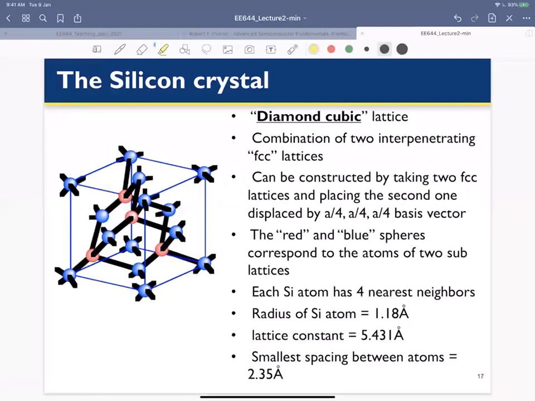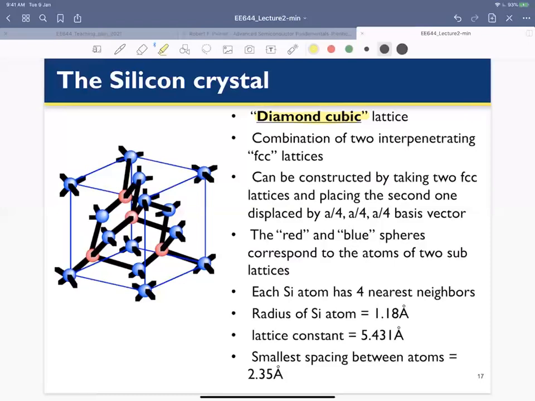Silicon is a cubic crystal, but it's called diamond cubic because diamond cubic is a little bit different from simple cubic, right? Why is it called diamond cubic? Because diamond has a similar structure to silicon. Diamond has a similar structure to germanium also, right? So this is called the diamond cubic lattice.